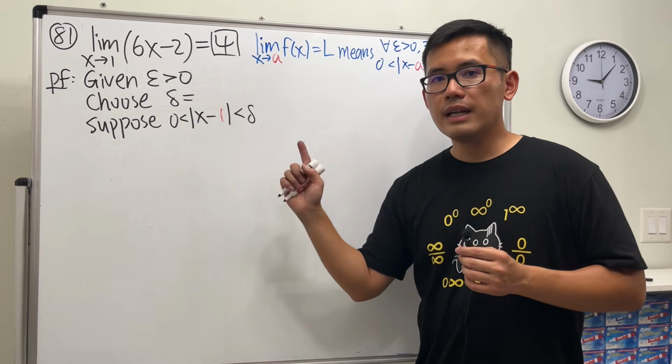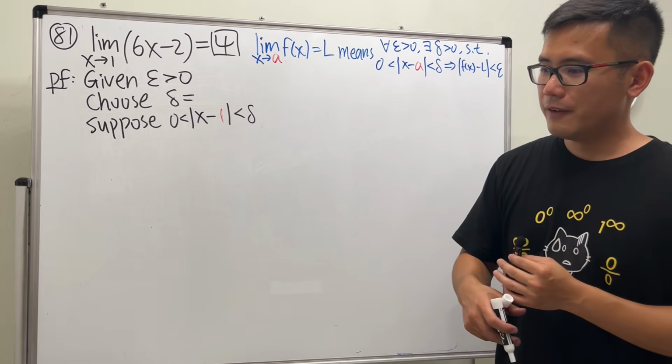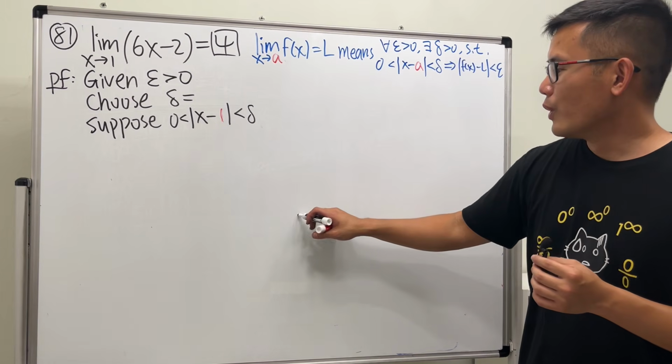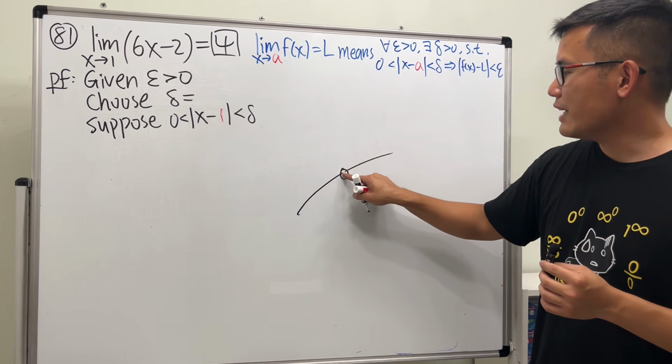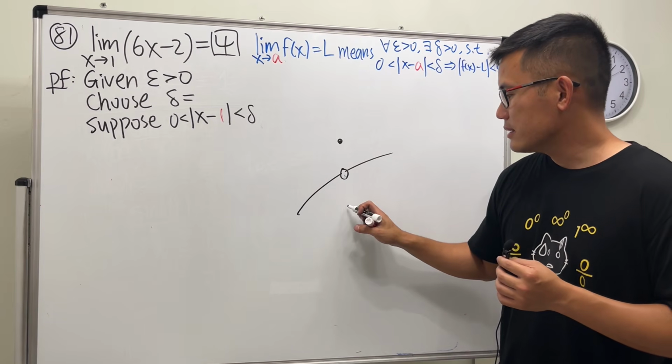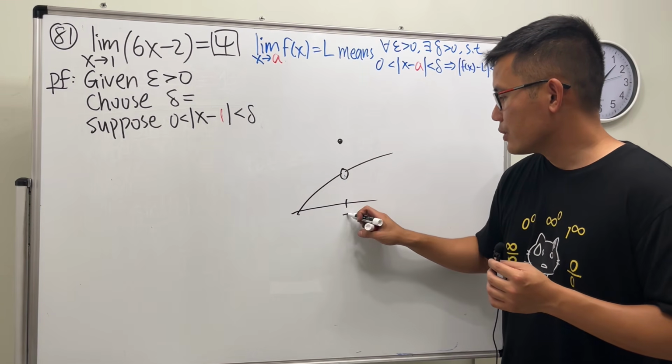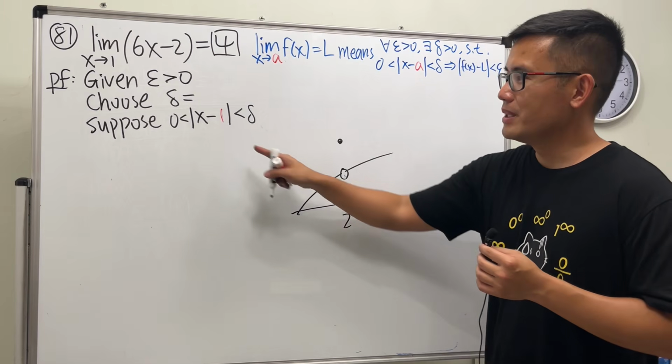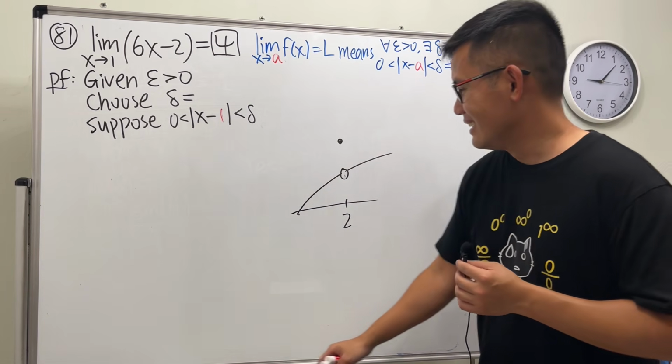Because of this, that's why when we saw the graph, you see, we don't care when x is exactly 2 or 3. We don't care because we have this inequality.